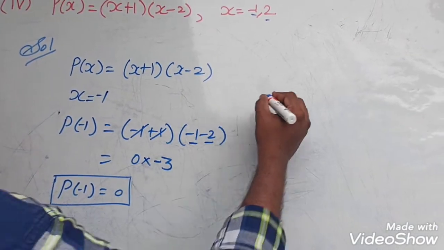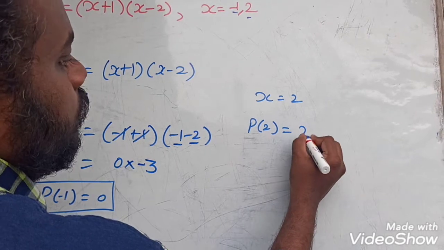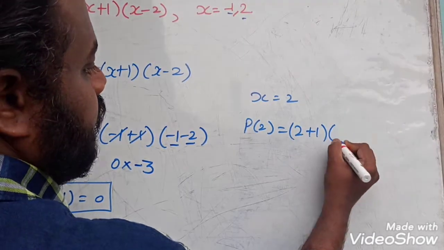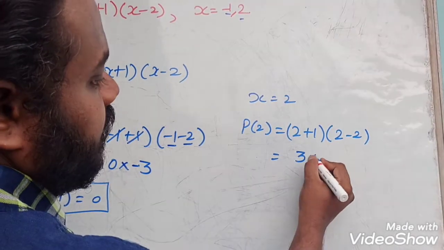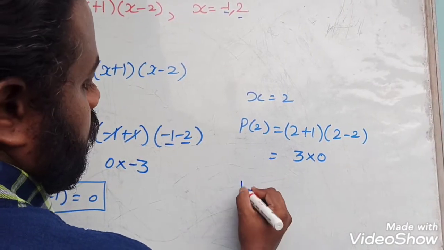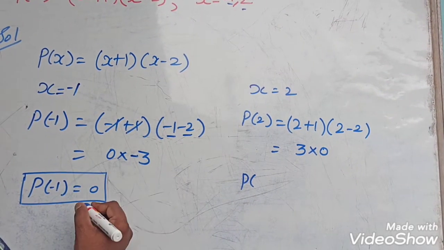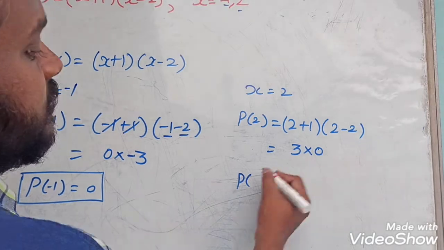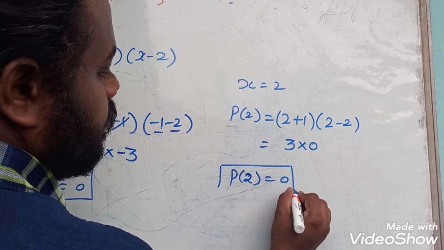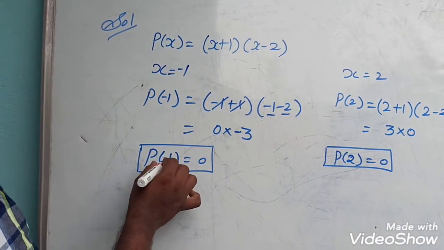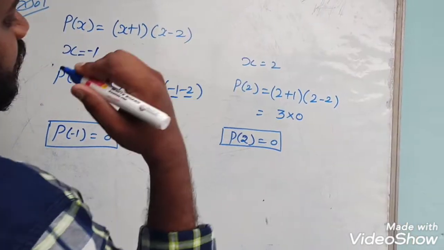In the same way I substitute x equal to 2. So P of 2 equals 2 plus 1 into 2 minus 2. So 2 plus 1 is 3, into 2 minus 2 which is 0. Anything multiplied with 0 gives 0. So when we substitute minus 1 instead of x we get 0, and when we substitute 2 we get 0.